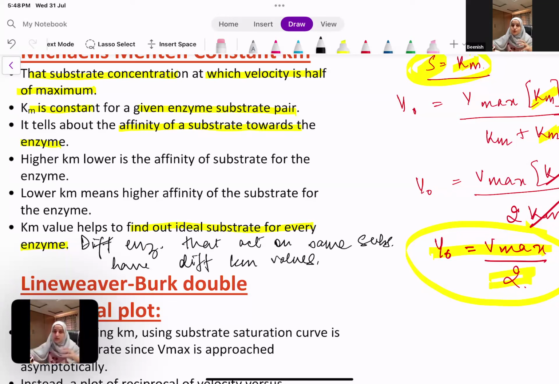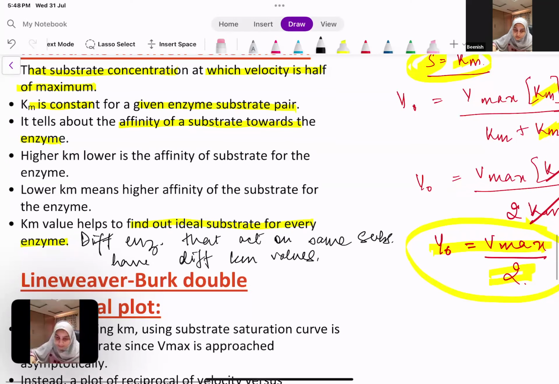So if an enzyme acting on a substrate has a lower Km, it has a good affinity, so we can find out that this must be the substrate for this enzyme. By using the Km value, you are able to find out which is the ideal substrate for a given enzyme, because different enzymes acting on the same substrate will have different Km values.